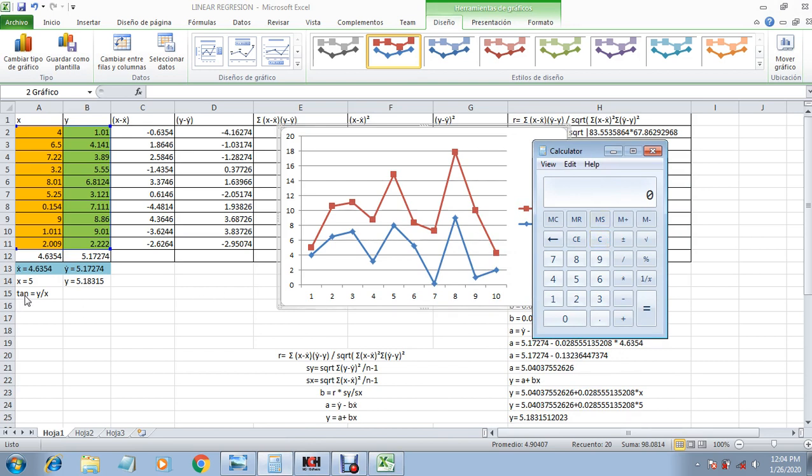The tangent is equal to y over x, and then for y, that is to be this, in x, that is going to be 5. We got this 1.03, and then we need one table for the tangents.